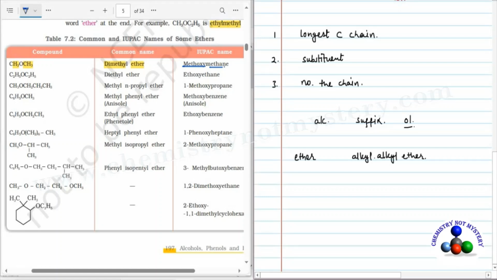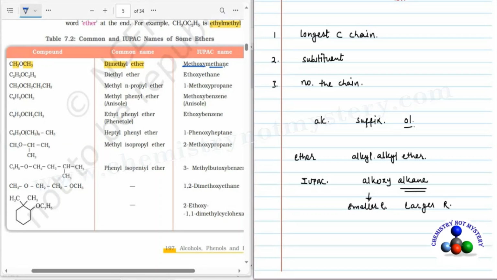This is the common name system, and for IUPAC this is alkoxyalkane. So the alkane will be the larger R group and the alkoxy will be the smaller R group. The name of this molecule will be methoxymethane.